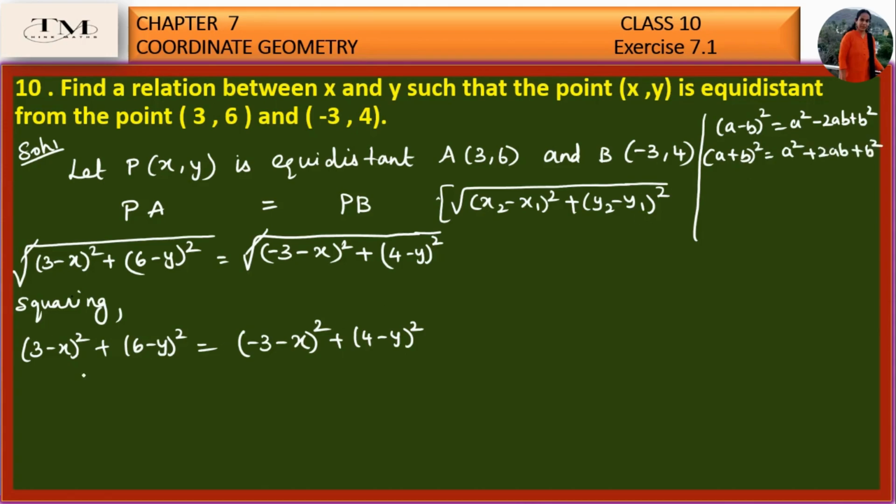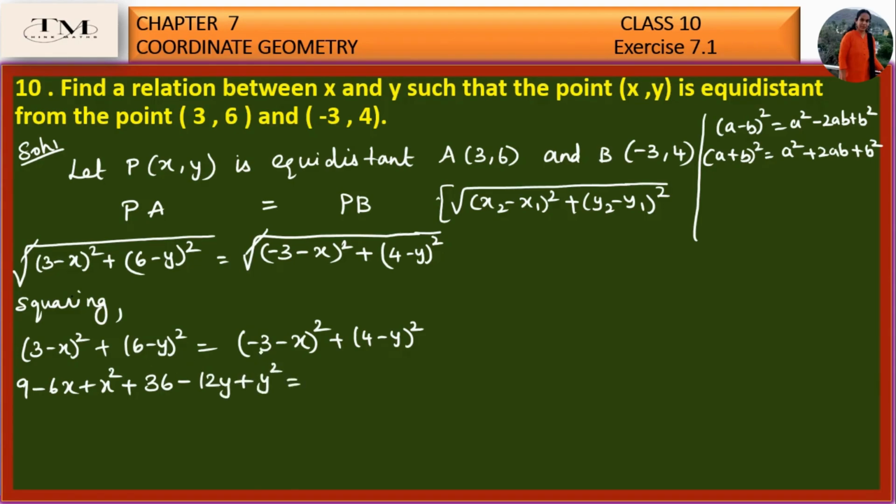Applying this formula to a minus b whole square: 3 square is 9, minus 2 into 3, 6, 6 into x, plus x square, plus 6 square. 6 square is 36, minus 2 into 6 is 12, 12 into y, 12y, plus y square.